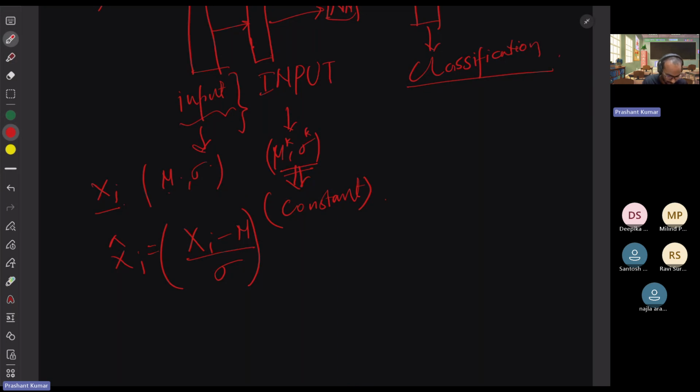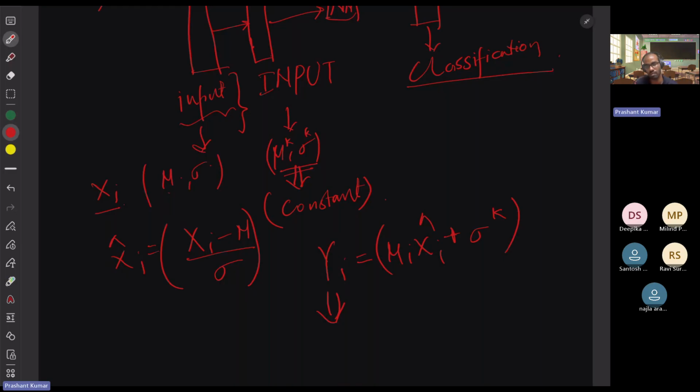Then we create yi, which is equal to mu i times xi plus sigma k. So we are saying that if this is my input to the network, my training is going to be very consistent.